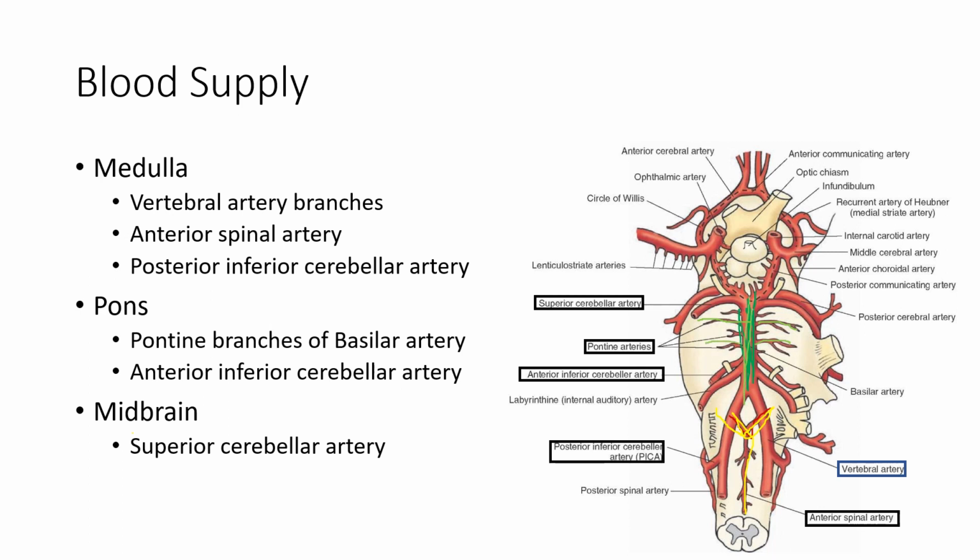So remember, there's that basilar groove in the pons, that little divot. So we have pontine branches, and then we have the anterior inferior cerebellar artery, right there. Midbrain, we're going to see superior cerebellar artery.